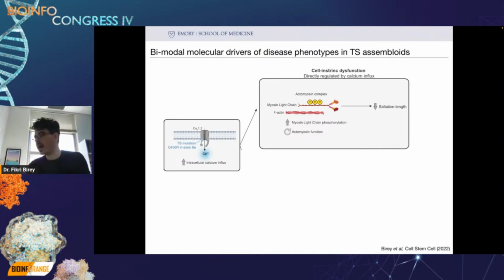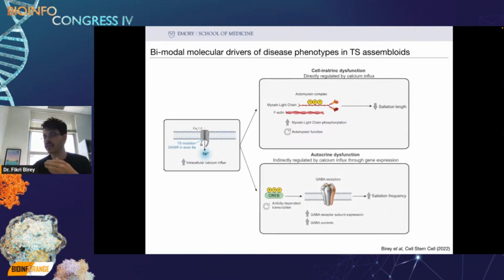One is the actomyosin complex, which we think is more acutely dysfunctional, and then we have this autocrine dysfunction that is more indirectly dysfunctional, because we think the upregulation of the GABA receptors is the result of activity-dependent pathways that are being hyper-driven by this incoming calcium influx in Timothy syndrome.